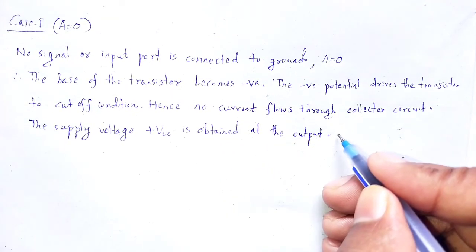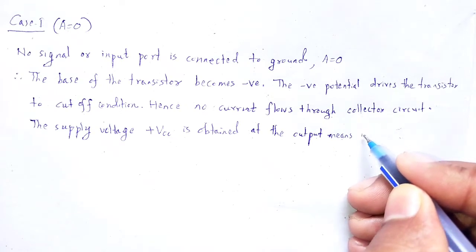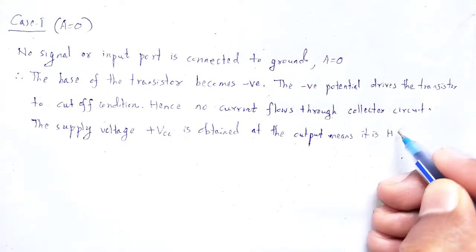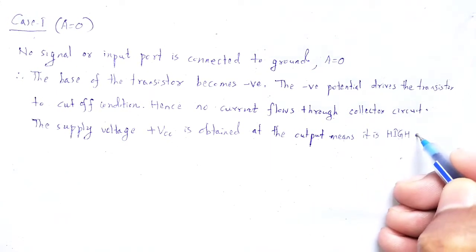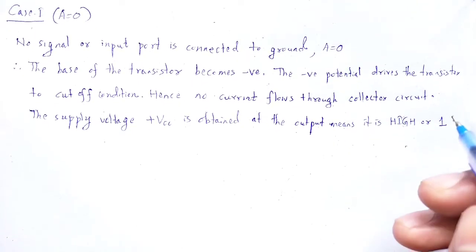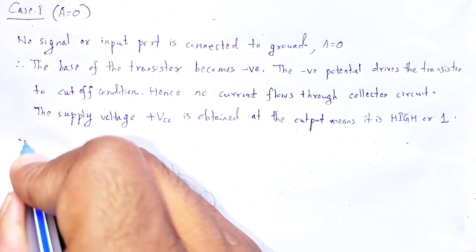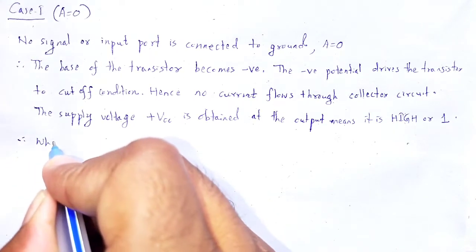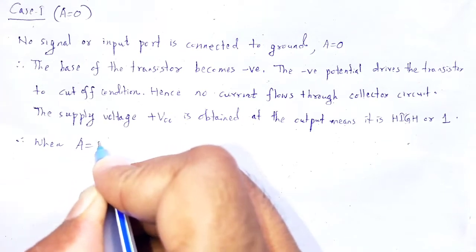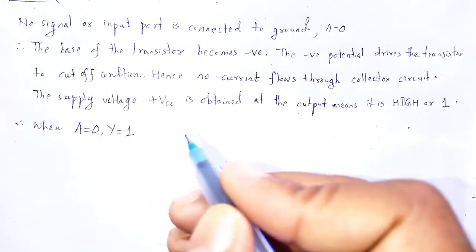Means it is high or 1. Therefore, when A is equal to 0, then Y is equal to 1.